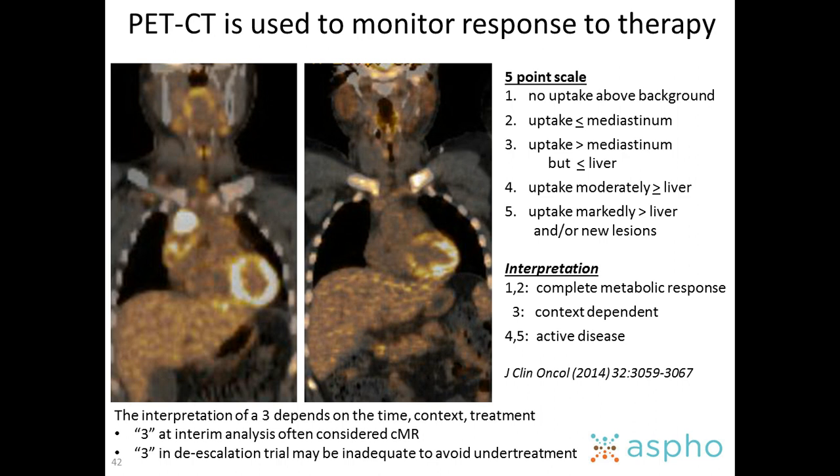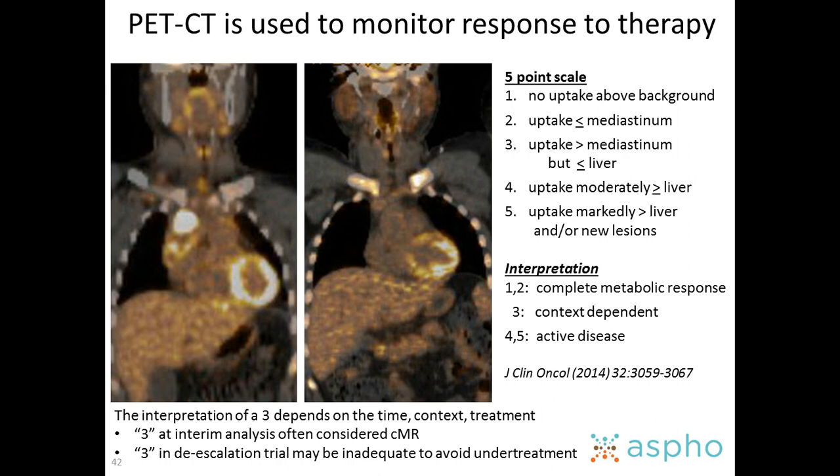It's a little bit tricky to interpret depending on if you're in a clinical trial or using established therapy. Number 1 and 2 are always considered a complete metabolic response. 4 and 5 are considered always having active disease. The reason 3 is a little bit iffy is a 3 at interim analysis when you're using standard therapies like ABVD or ABV-EPC, that's usually considered a complete metabolic response.